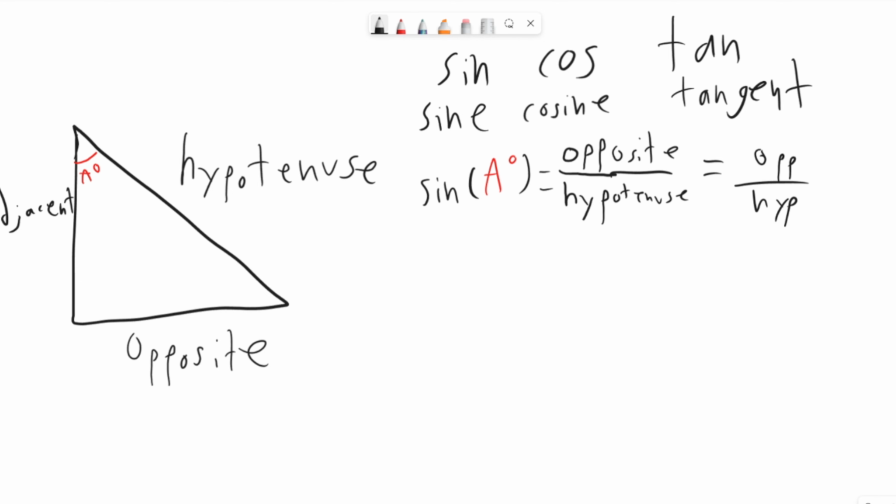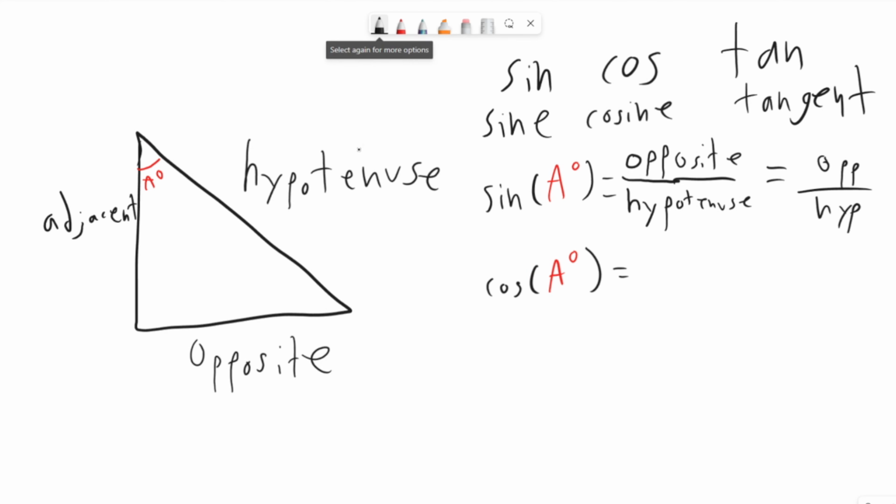Now, the cosine of a degrees is going to be, instead of the opposite divided by the hypotenuse, we're still going to involve the hypotenuse. However, now we're instead going to take the adjacent and divide it by the hypotenuse.